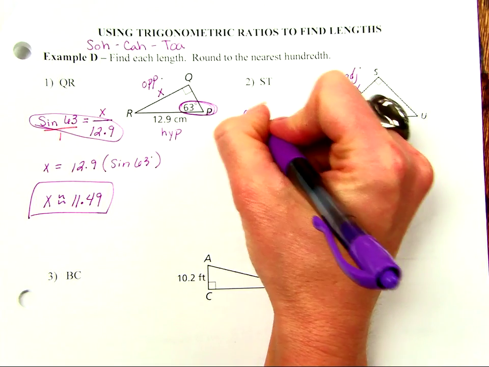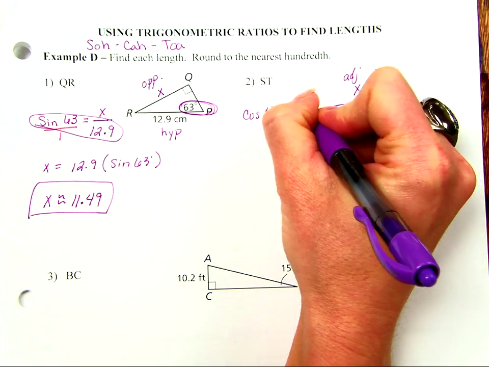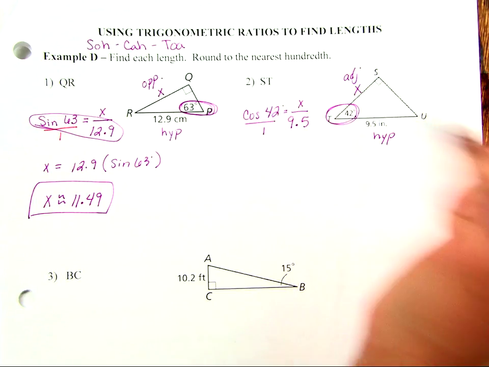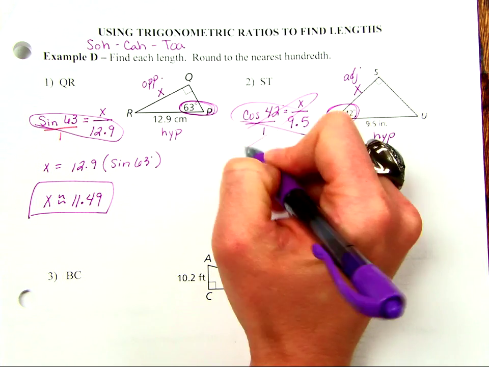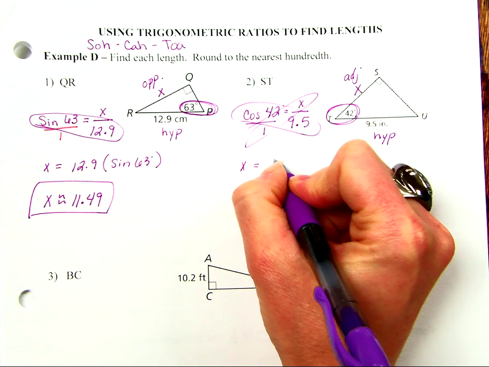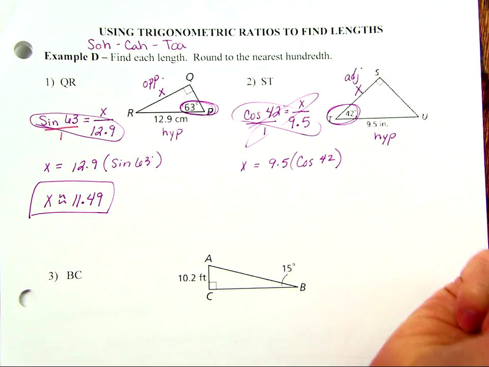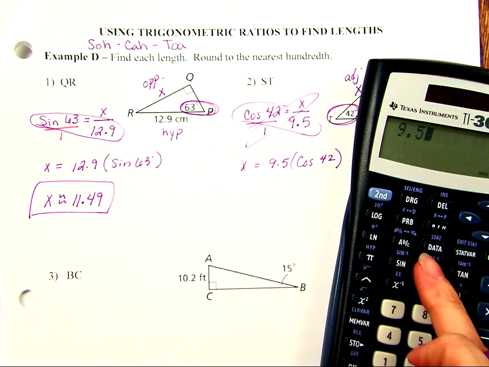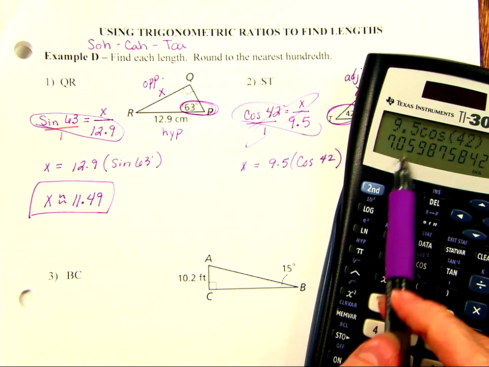So the cosine of 42 degrees would be equal to the adjacent over hypotenuse. Setting this up the same way, our cross products tell us x is equal to 9.5 times the cosine of 42 degrees. So here, 9.5 times the cosine of 42 degrees, and we see it is about 7.06.